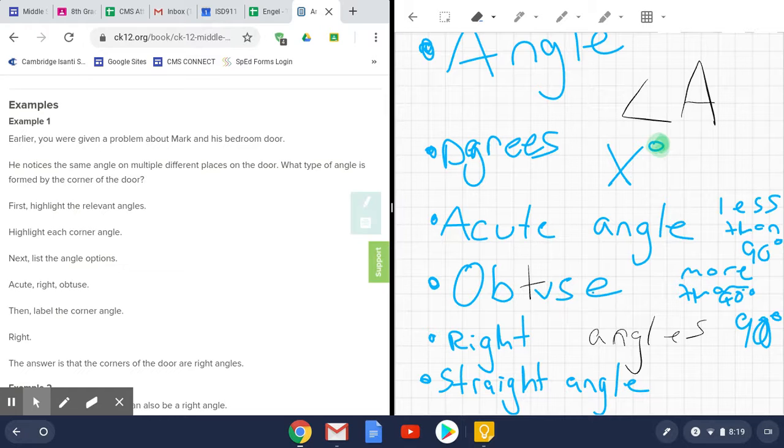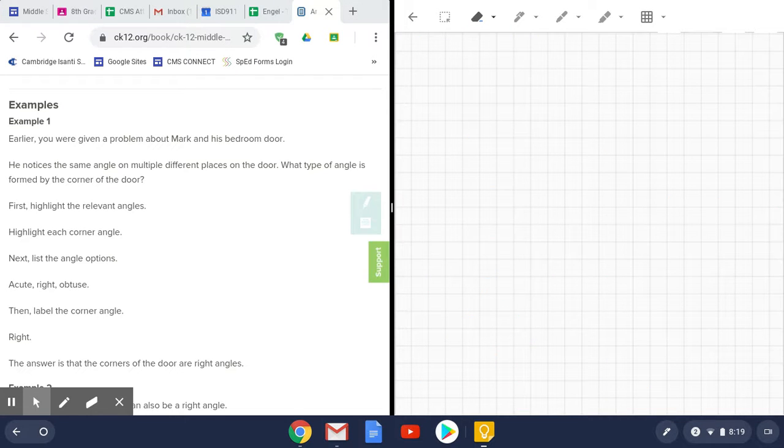Earlier, we were given a problem about Mark and his bedroom door. He notices the same angle on multiple points on the door. What type of angle is formed by the corner of a door? So if you look at the corner of your door right now, what type of angle is that? You should have these definitions down.